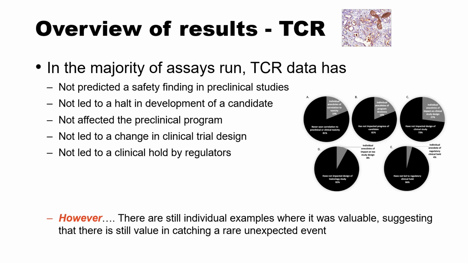It hasn't affected the overall preclinical program, hasn't led to a change in clinical trial design, and hasn't led to a clinical hold by regulators. That being said, there are individual examples and anecdotes where the assay was valuable, suggesting that there's still value in performing this assessment to catch that rare, unexpected event.